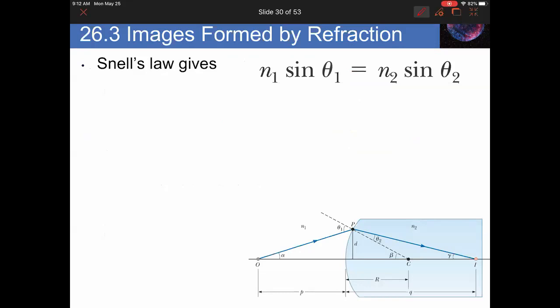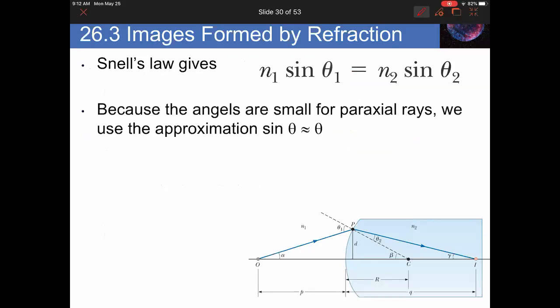So you have the object in air and the image will be formed in medium 2, with n2. Because the angles are small for paraxial rays, we use the approximation sine theta approximately equals theta, which gives us n1 theta 1 equals n2 theta 2.